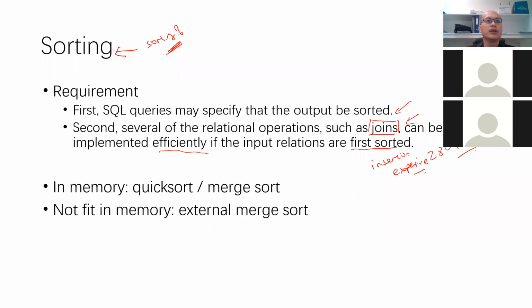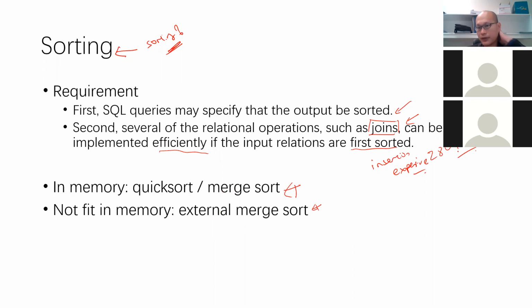But today we're not talking about this. If everything can be managed in memory, we can just carry out quick sort or merge sort. If it doesn't fit in memory, we have to carry out external merge sort, which we'll talk about now.